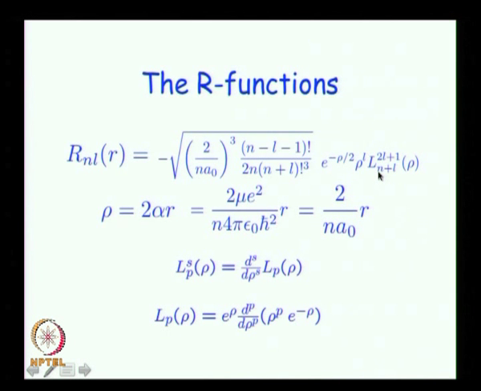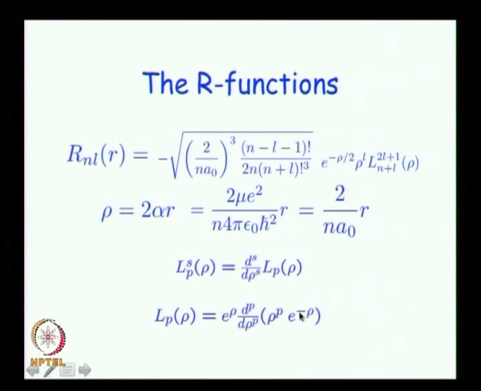Where you see here, for example, capital L depends upon n plus L and 2L plus 1. So, you have to imagine that n plus L is written as p, and 2L plus 1 temporarily we can write as s. Then L_p^s is actually defined to be a derivative of L_p, and what is L_p? L_p is defined by this equation.